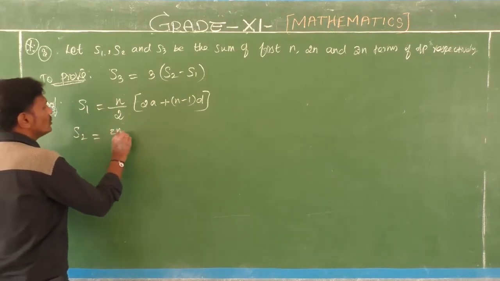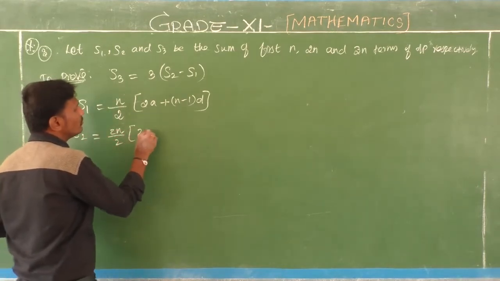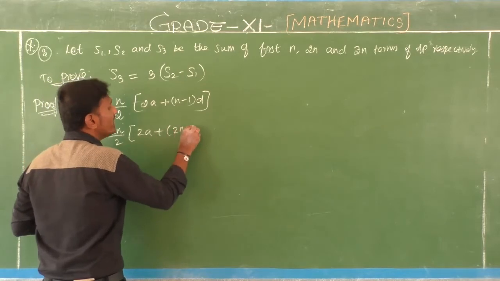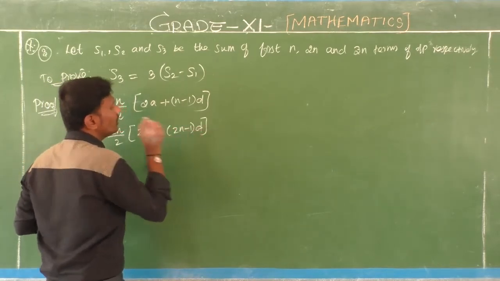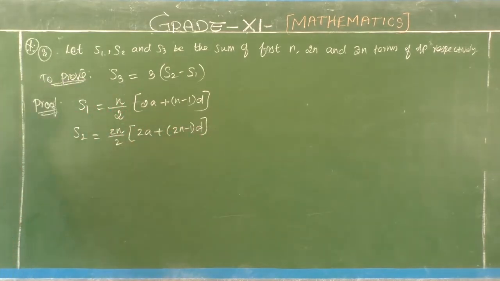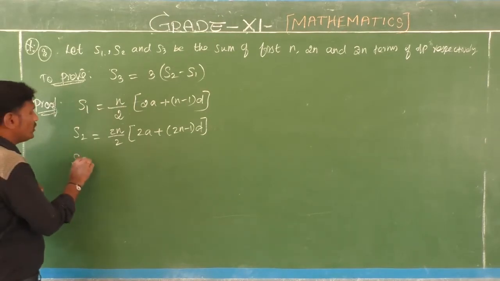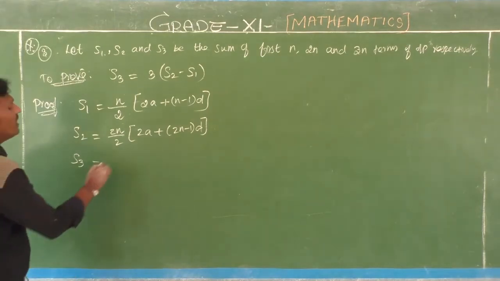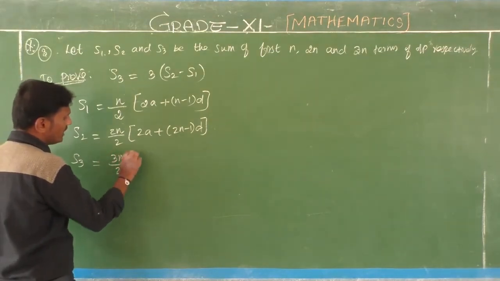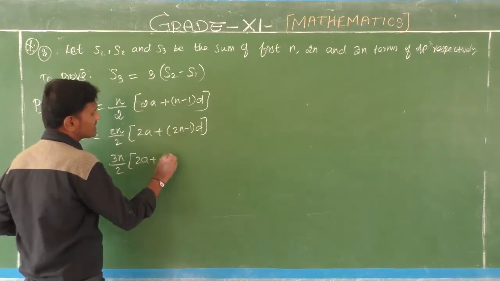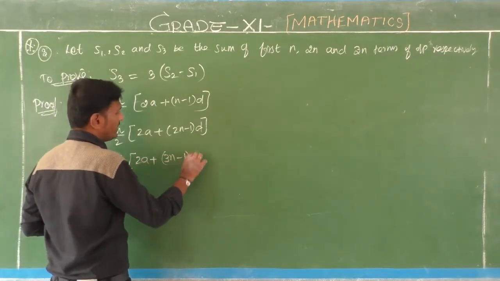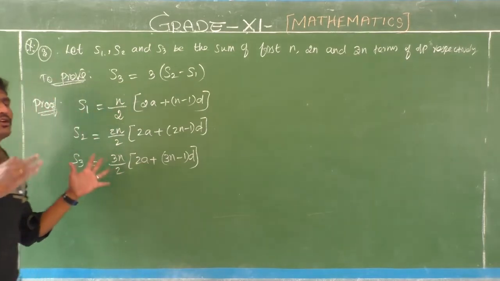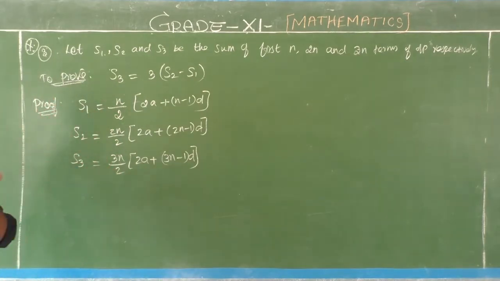So 2n by 2 into 2a plus 2n minus 1 into d. And the next, I am going to take S3, the sum of the first 3n terms. So for that, 3n by 2 into 2a plus 3n minus 1 into d.